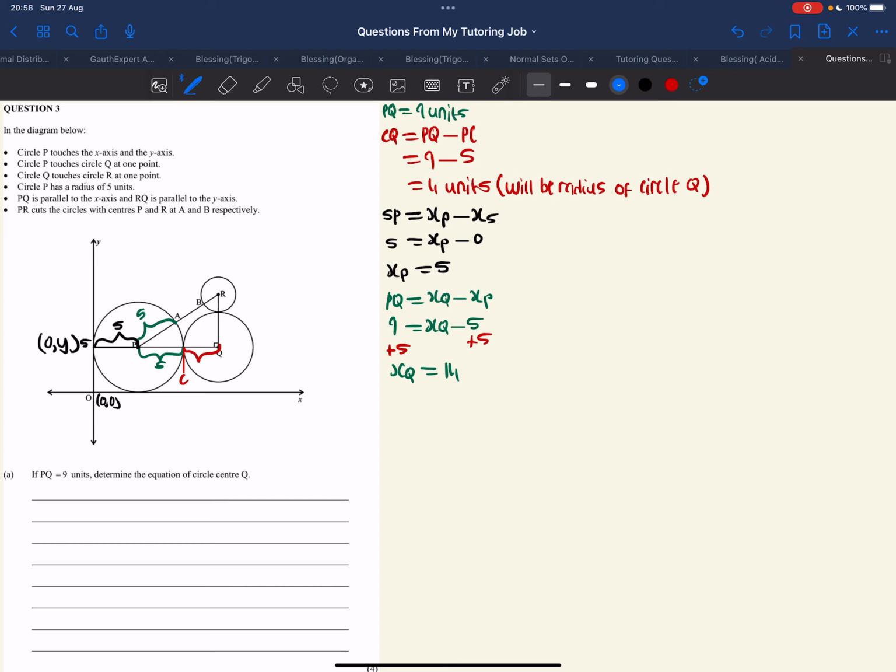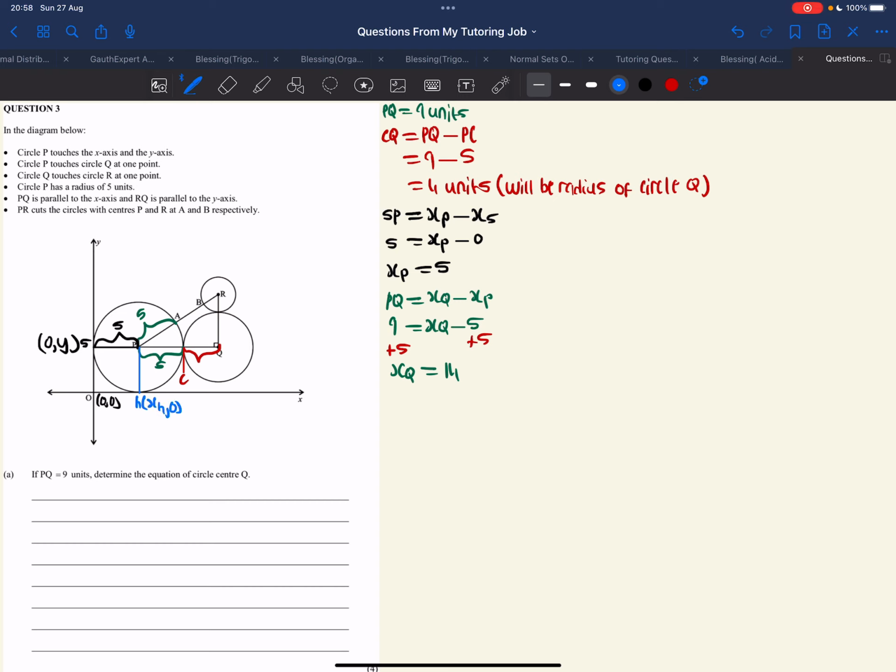Now what I want you to get is, if you were to draw a line from P going down, touching the x-axis, let's just call that point H. If you were to mention the coordinates for that point H, it will basically be xH comma 0.